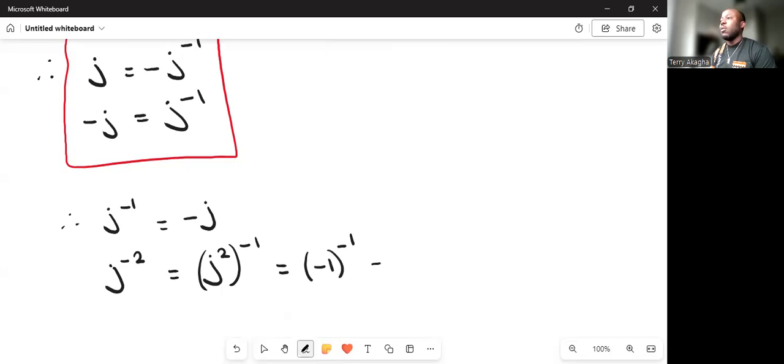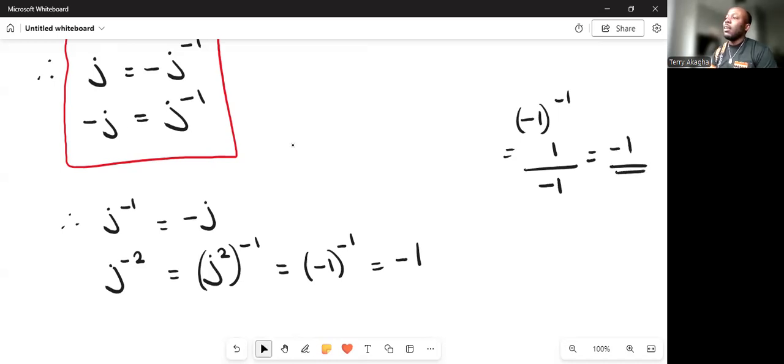And this is going to give you minus 1, because we have minus 1 all raised to the power minus 1, which gives 1 over minus 1, and that's still minus 1. So that's the reason why you still get minus 1 at the end of the day. All right? Good.